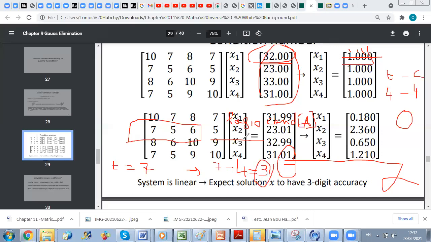It depends on my application, on the degree of accuracy that I desire. Then I will decide if it's fine for me to continue with this or not. If not, I should increase the number of digits. Sometimes it depends on the application. If it's an experimental application, I have a limit maybe, so it will be more challenging. But at least this method will give me an idea about the error I might have.